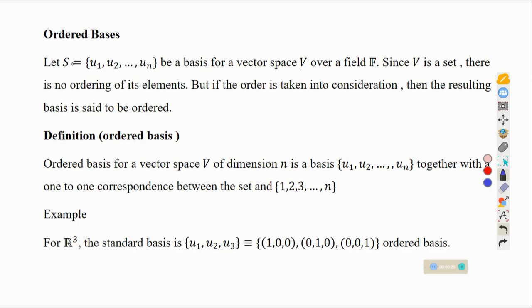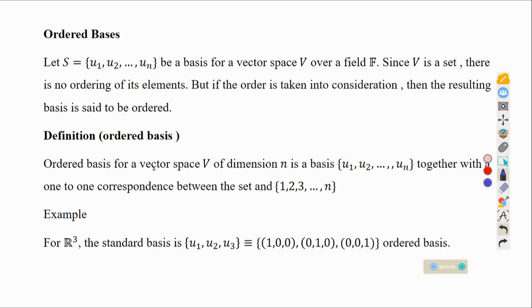If you consider S to be your set, you can write U1, U2, U3, you can begin with U5, any, so long as they are elements within this given set. However, if the order is taken into consideration, then what we obtain will now be a basis which is ordered. Now, let us look at the definition of ordered basis.